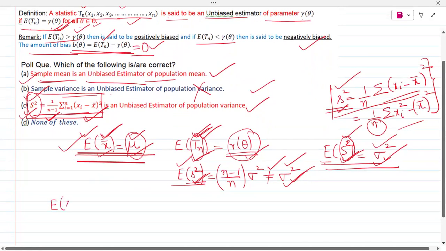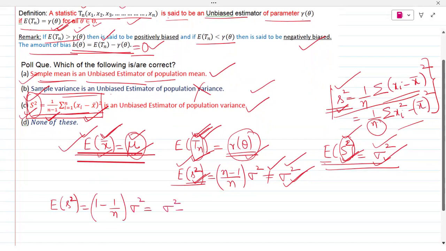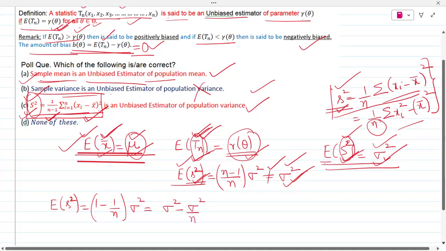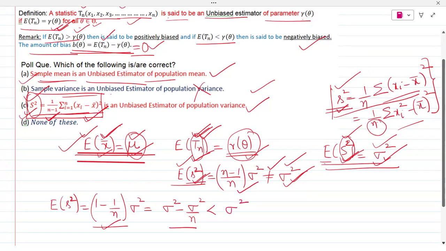Now, the expected value of sample variance is 1 minus 1 by n into sigma square, and this is sigma square minus sigma square by n. This is obviously less than sigma square. Why?